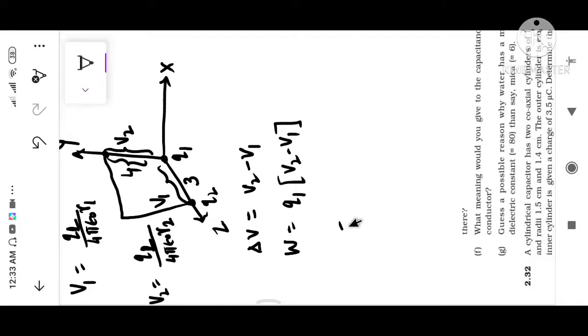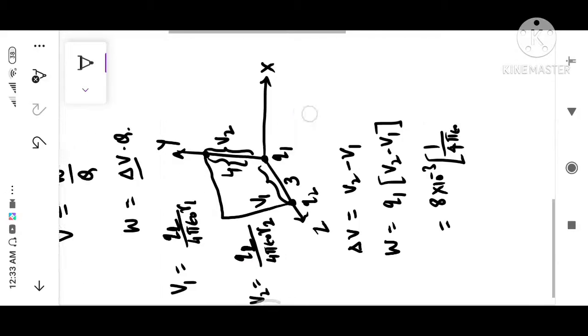So Q1 is 8 × 10^-3, and here 1 upon 4 pi epsilon naught, and Q2 is nothing but -2 × 10^-9 coulomb, times 1 upon 4 pi epsilon naught R, where R1 is 3 centimeters, so you can write 3 × 10^-2 meter.